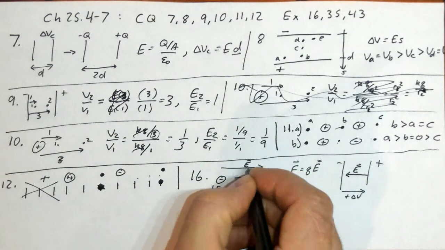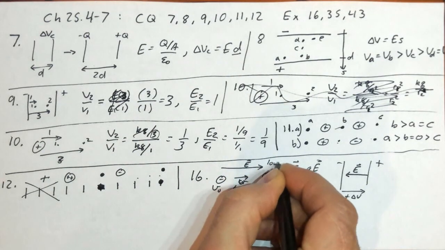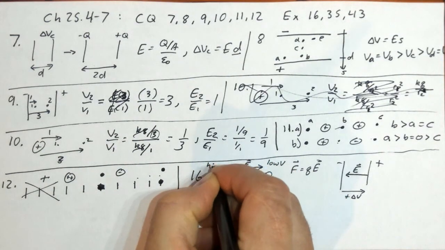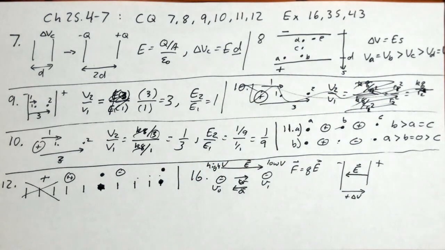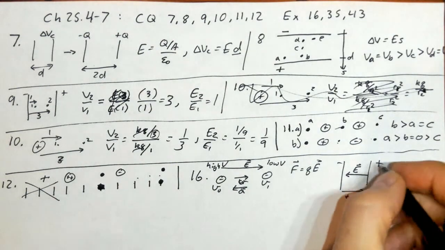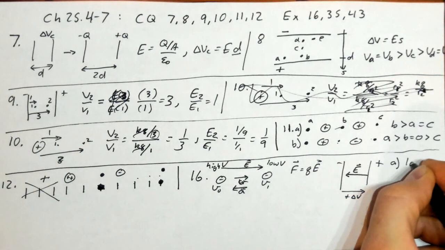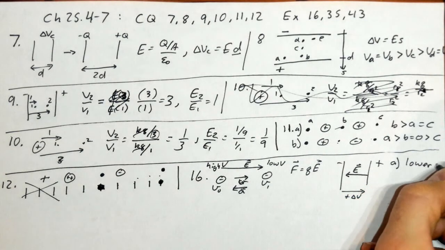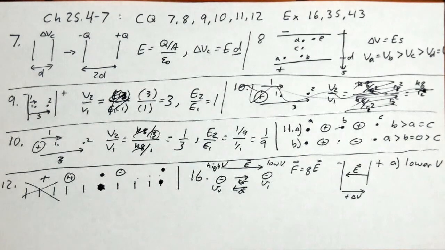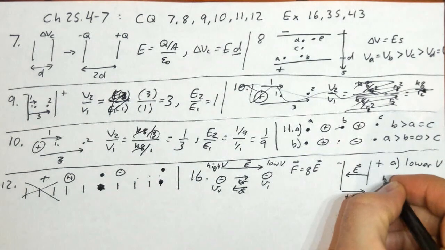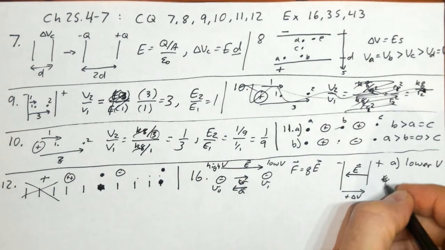We know that this is pointing towards lower V, pointing away from high V. And so this electron is moving towards lower V because it's slowing down. So in part A, it's moving towards lower potential, lower V. On B, I'm going to move B down here.